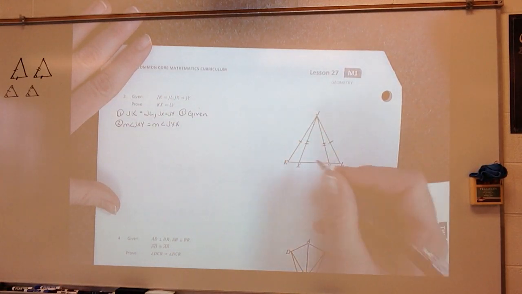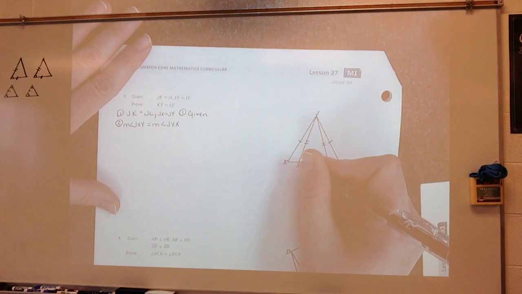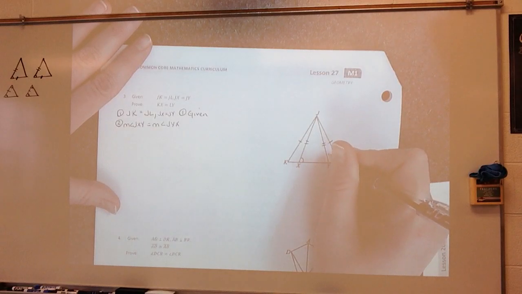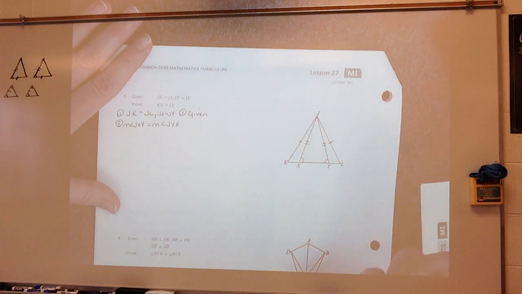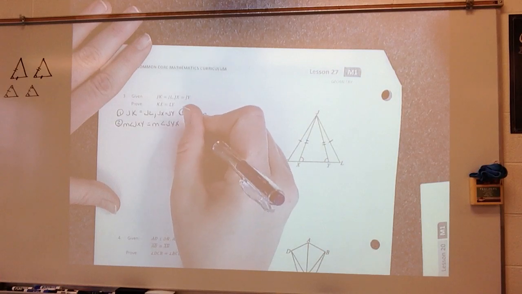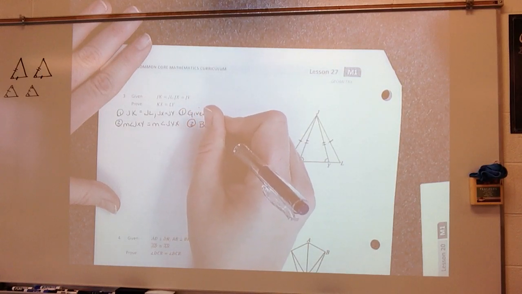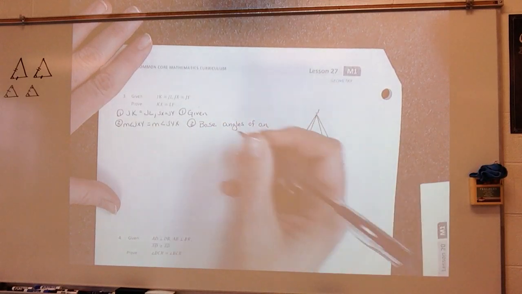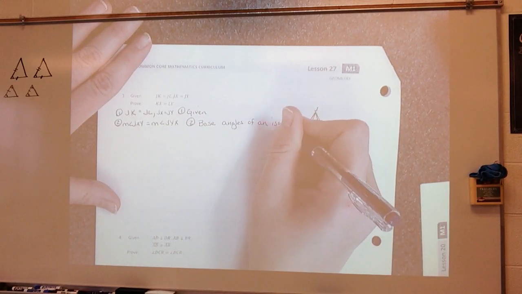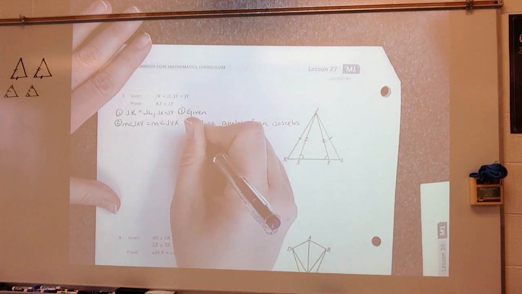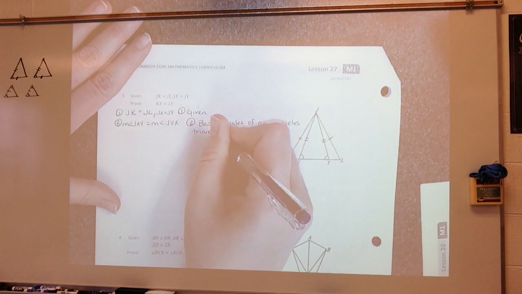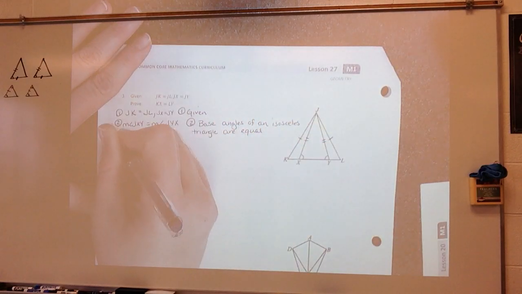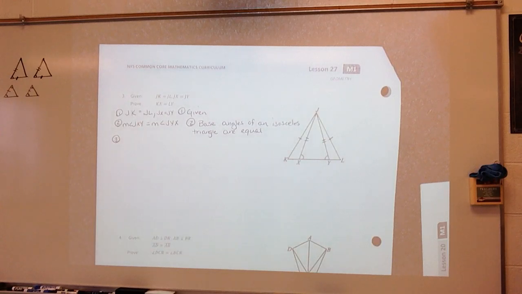Okay, so I've got JXY and JYX, base angles of an isosceles triangle, are equal in measure.